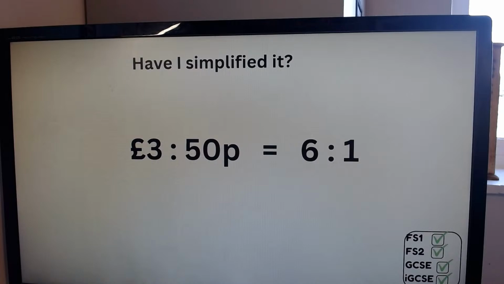What do we reckon? So I essentially got some people saying, yep, you definitely have, and some people saying, nope, you absolutely haven't.